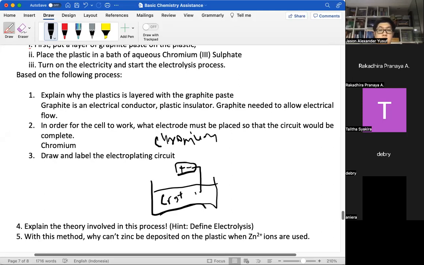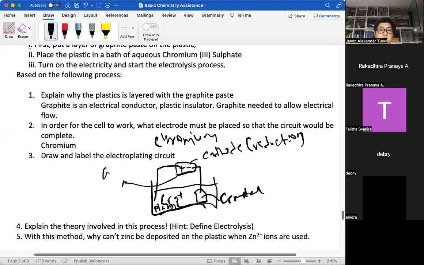This one is your Cr metal, and this one is your plastic. What's the difference between plus and minus? Your minus here is your cathode, where reduction takes place.